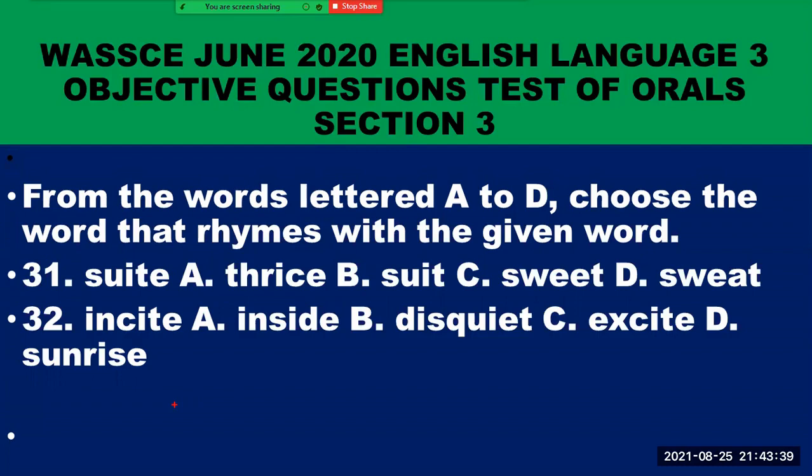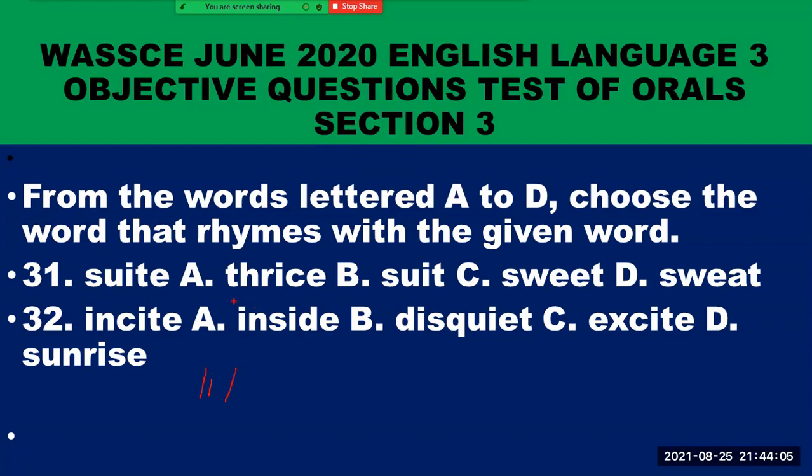Having known this, it is the long E sound, sweet.